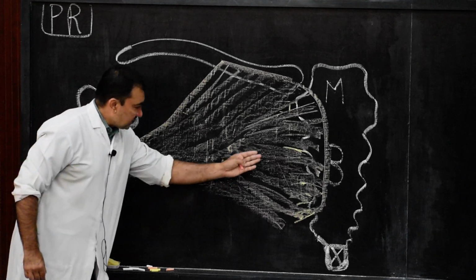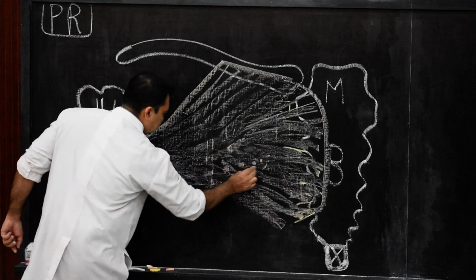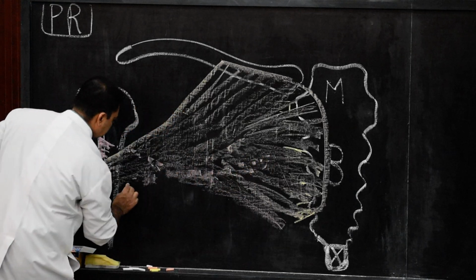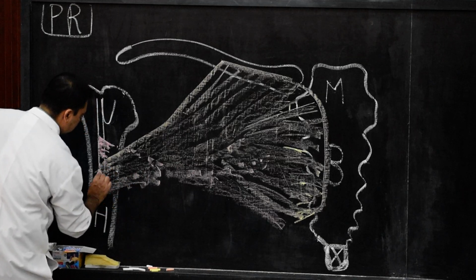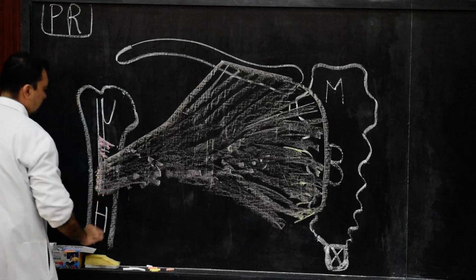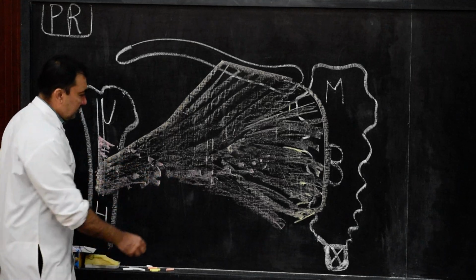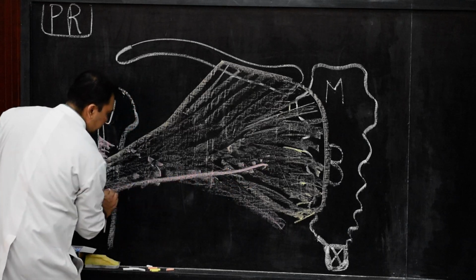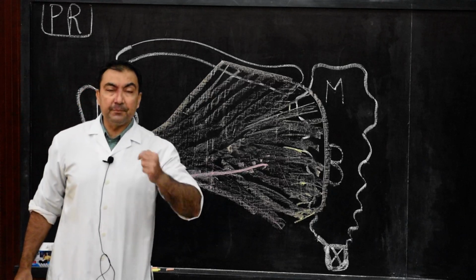And the fibers which are higher in origin will be inserted at the lower portion of the bicipital groove. That is why the posterior lamina goes like this and like this. So the posterior lamina is twisted in appearance.